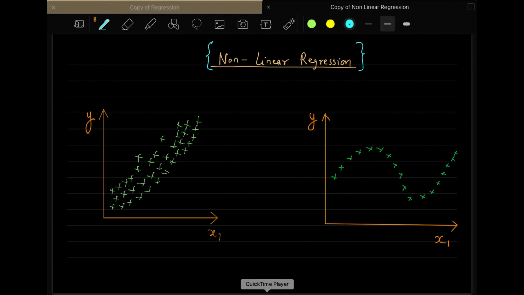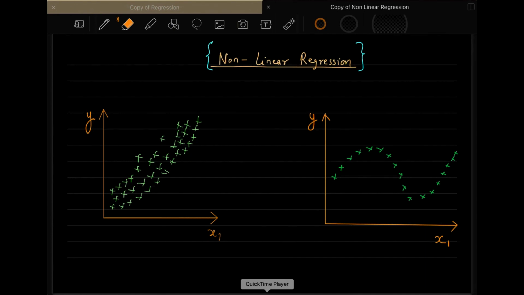Earlier, what we were discussing was simple. The data set was linear, whether it was a multiple feature or single feature data set. It was all linear, so there was no variation in the data set. But now the data set is not linear and there is some variation in it.